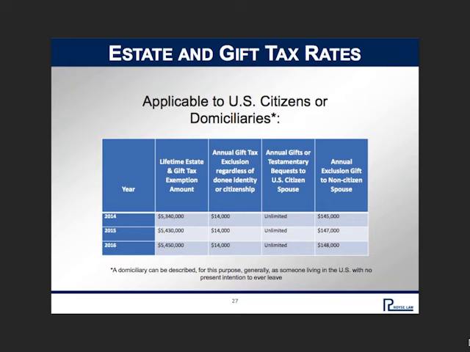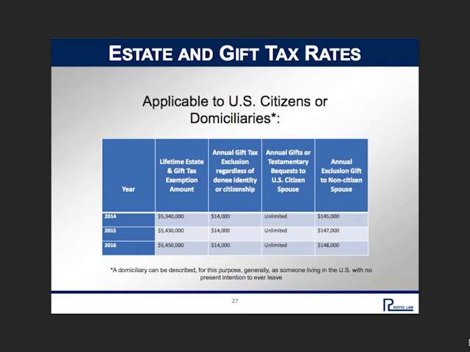For federal income tax purposes, all we care about is residence, and there are lots of bright line tests around whether someone is a resident for U.S. income tax purposes. Were they present in the U.S. a certain number of days? Do they have a green card? And so on and so forth.